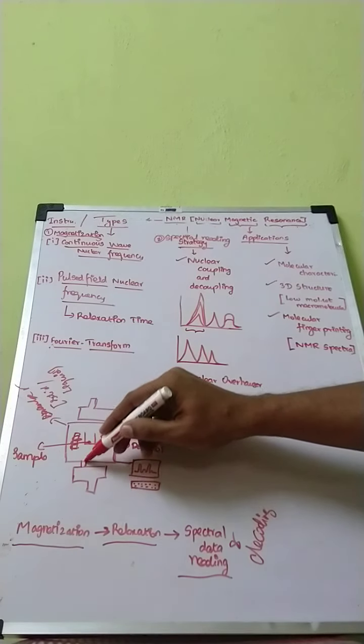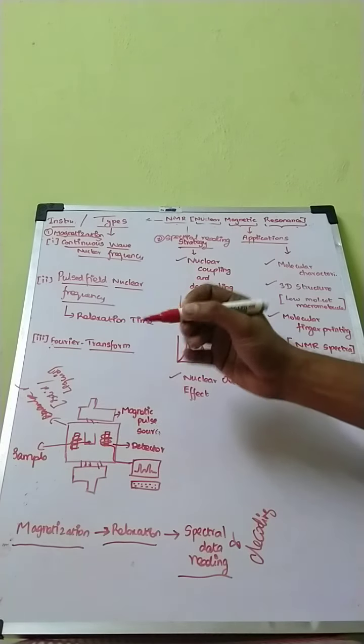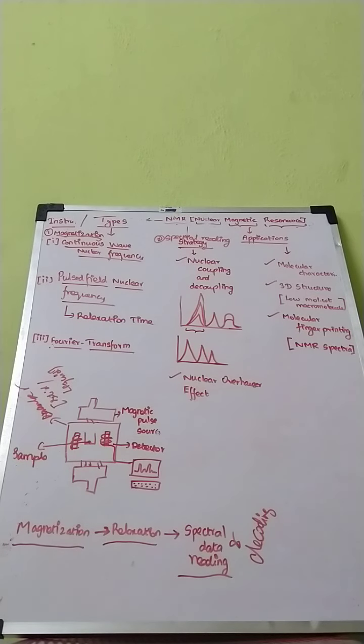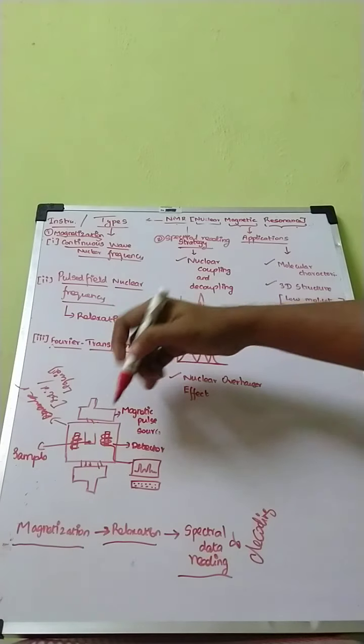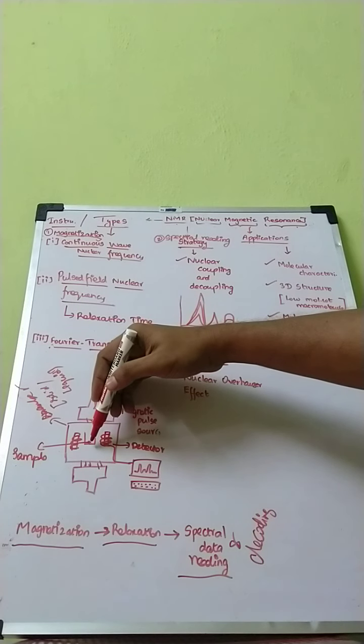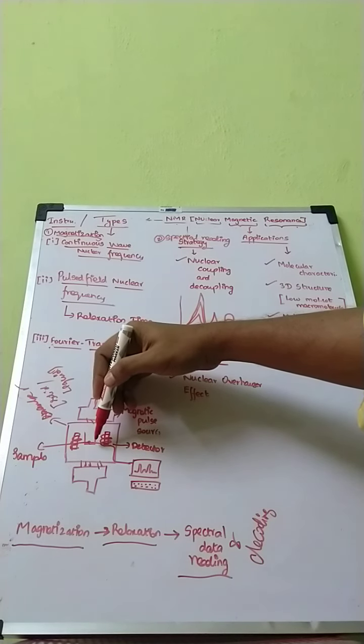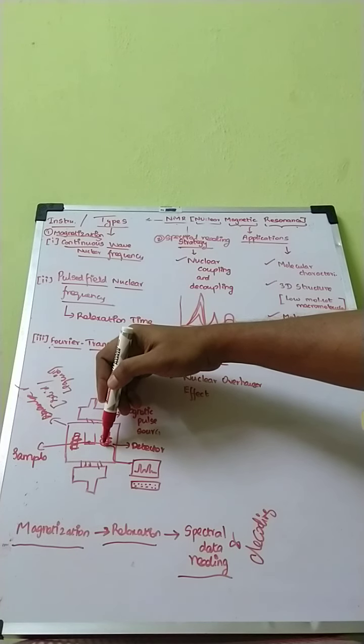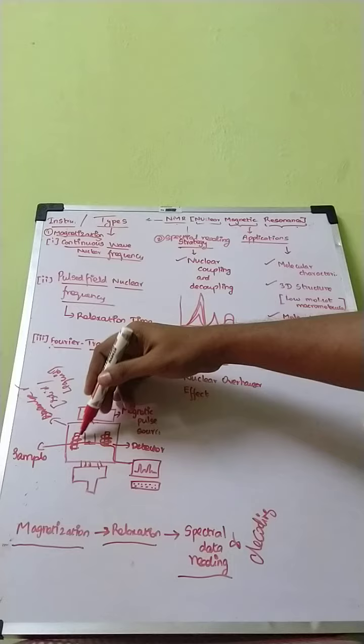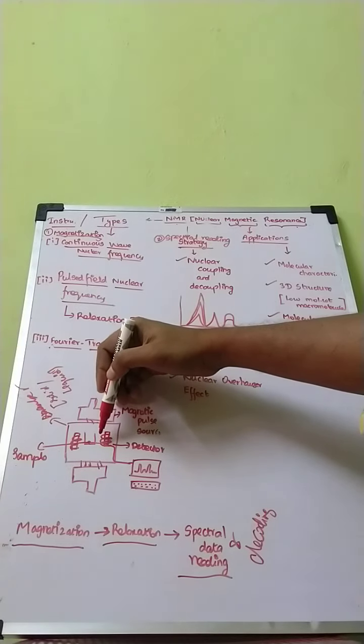And the third part of NMR instrumentation includes detectors, which detect energy released from the excited sample by the magnetic field, and this is detected by a coil placed around the sample chamber.